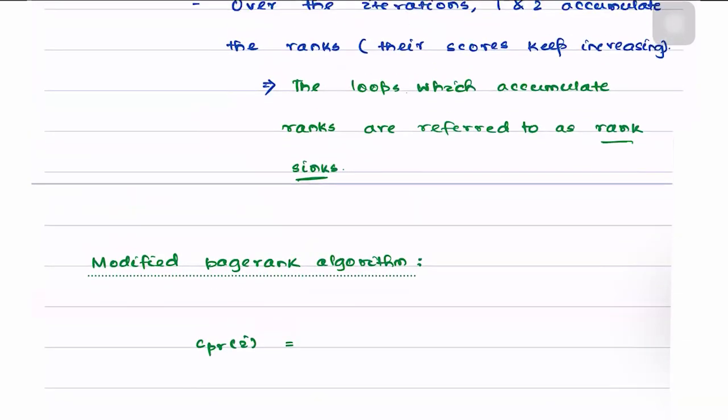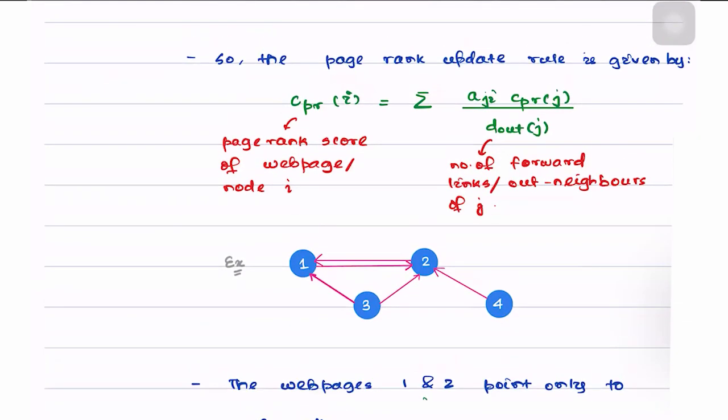The page rank of the ith node, let me highlight something that I've missed here. If you go back to the original equation, please note that this is all of the in neighbors of node I. Now let's continue with our modified update rule. It should be equal to this.